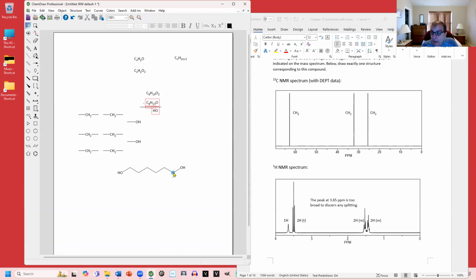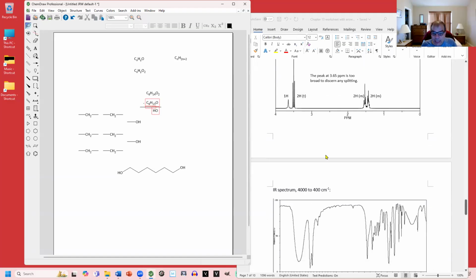That's pretty common for OH hydrogens. They very often do not split adjacent hydrogens. The reason is that OH hydrogens undergo very rapid physical exchange. In other words, you have hydrogens hopping off of one oxygen onto an oxygen in another molecule, and they're exchanging H's very rapidly on the NMR time scale. So that prevents the splitting from occurring.